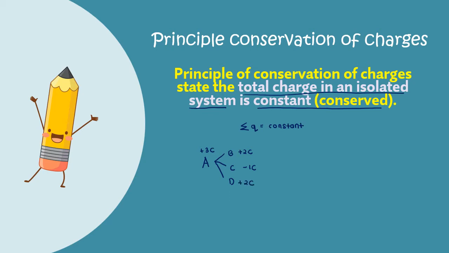So if you see here, particle A is 3 coulomb, and after A decays to B, C, and D, we get positive 2 plus negative 1 plus 2, so we get 3 coulomb. This is what is meant by the total charge in an isolated system being constant. The total initial charge equals the total final charge.